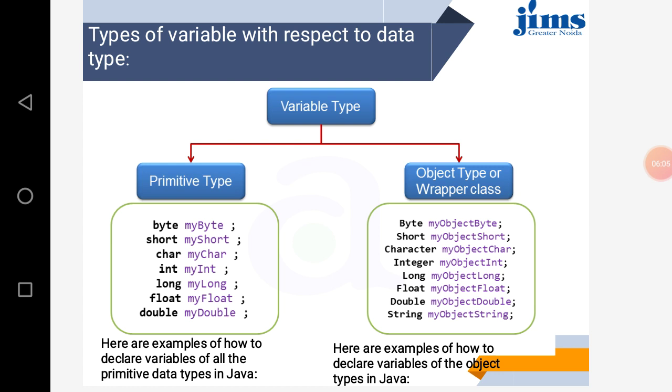So in this slide, we can understand we are categorizing two types of data types. One is primitive type and the other one is object type or wrapper class.